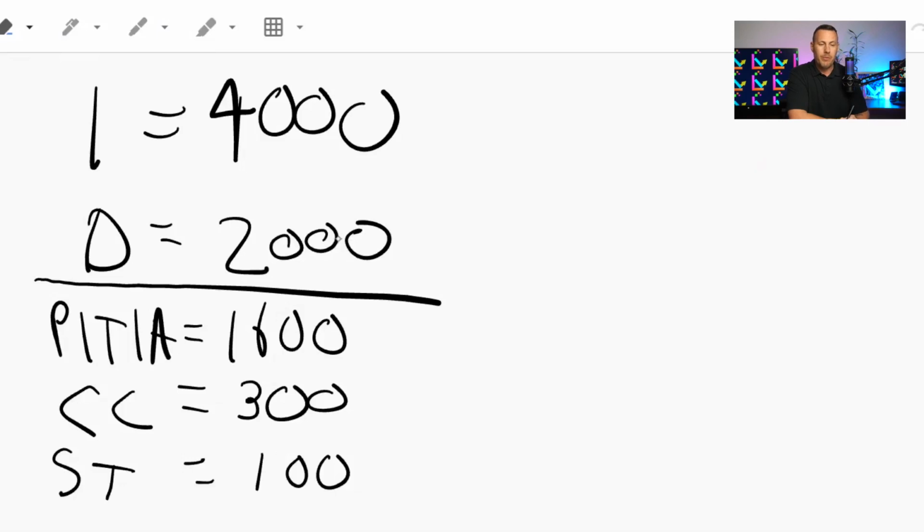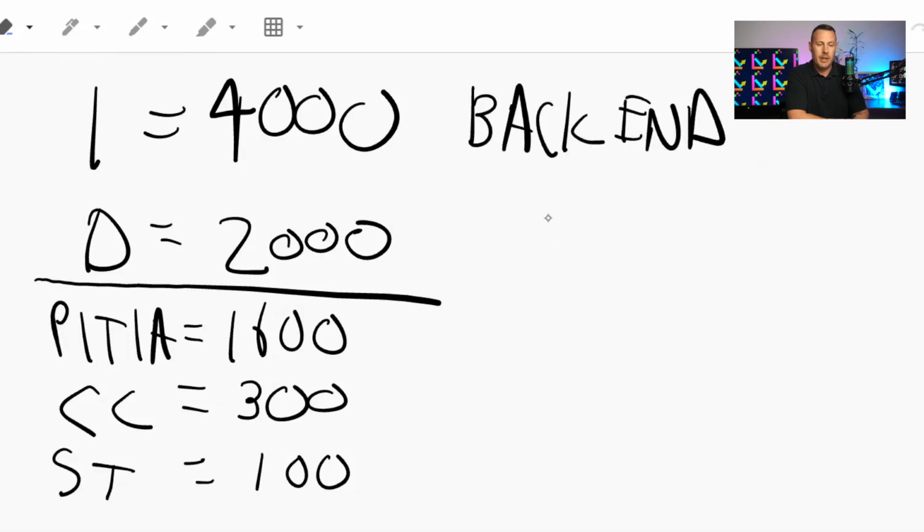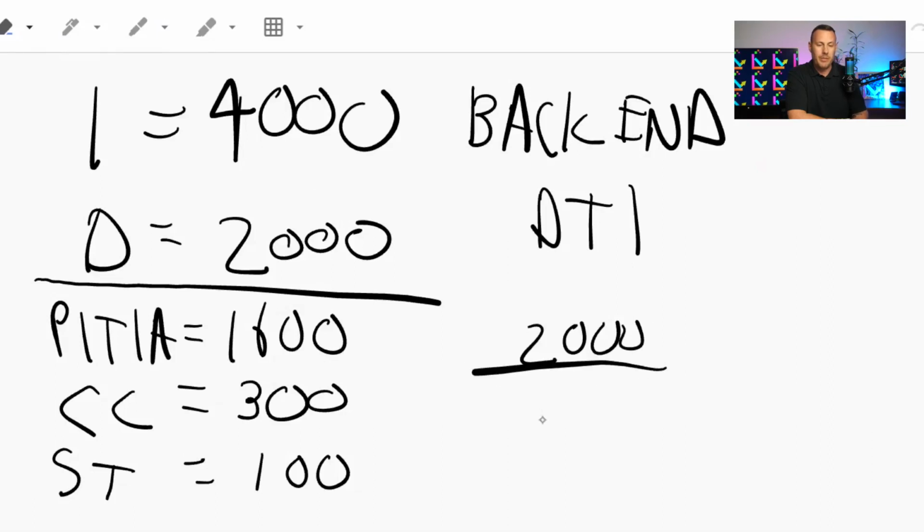Now, of course, if you remember from our previous example, we came up with the same number. In order for us to calculate your back end DTI, we're going to take this 2,000 and divide this by 4,000.